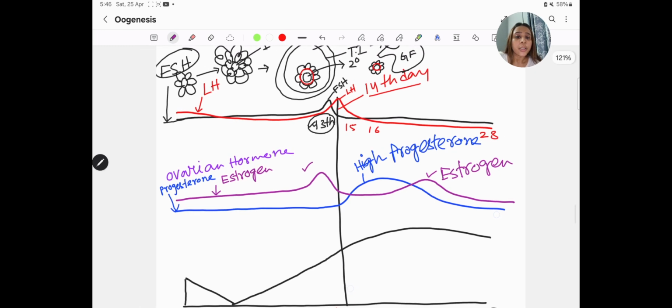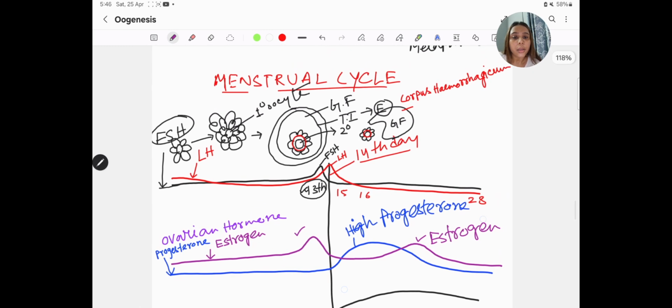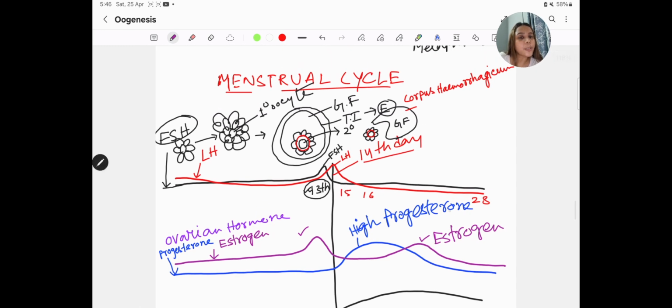Okay, so who produces this progesterone? See, when the secondary oocyte leaves the Graafian follicle, it becomes the corpus hemorrhagicum. Corpus hemorrhagicum means there occurs a blood clot, because we have seen that there are lots of blood vessels.